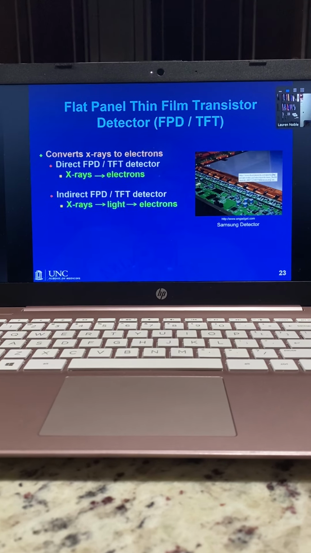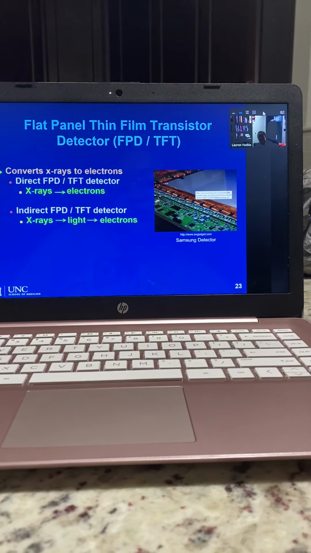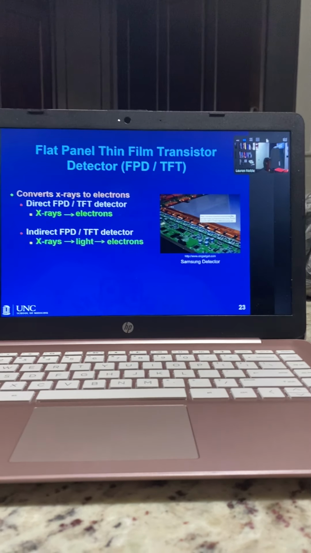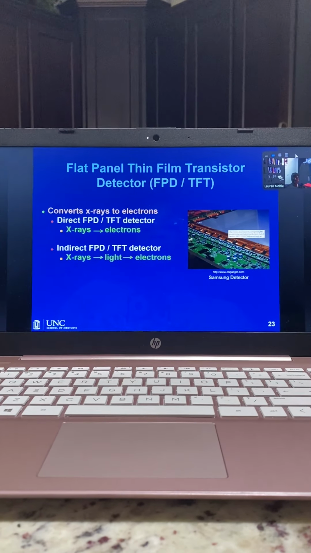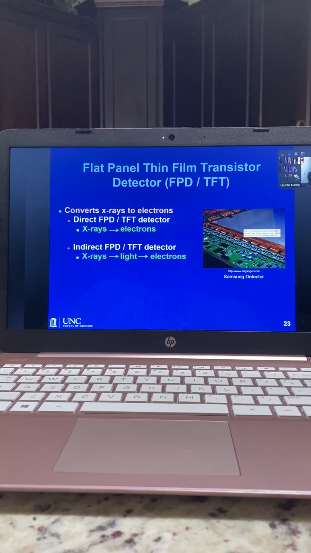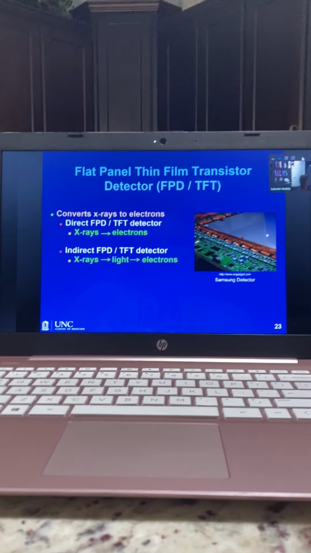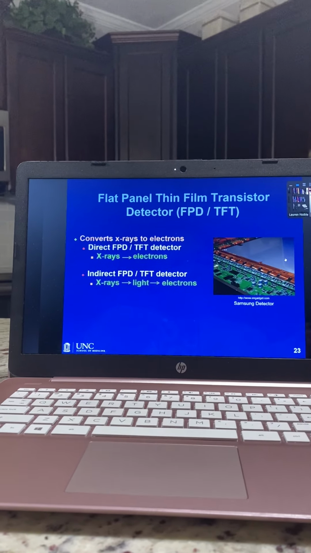All right, so we started talking about imaging systems the week before last. And when we talked about the phosphor plate, the PSP plate, how did we classify that detector? Did we classify it as a direct detector or indirect detector?